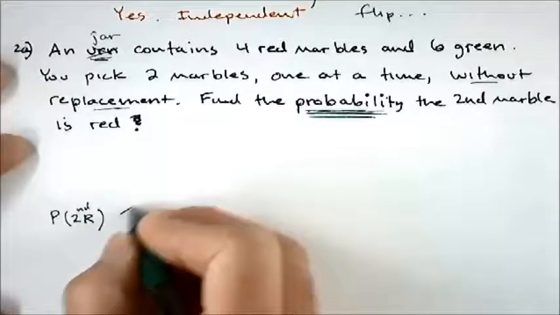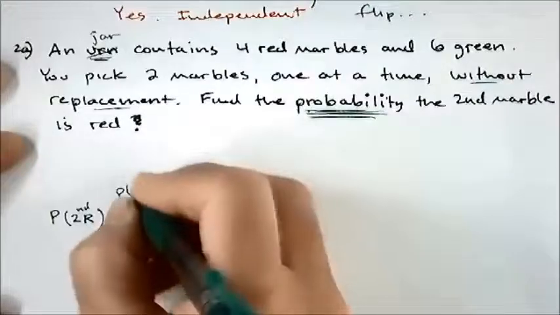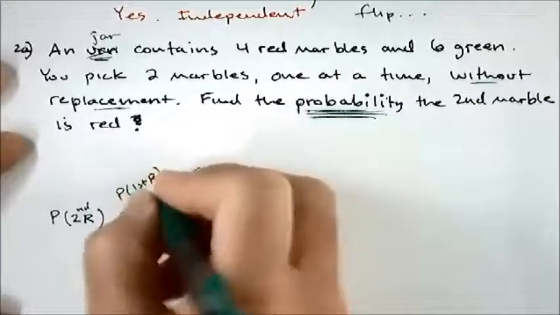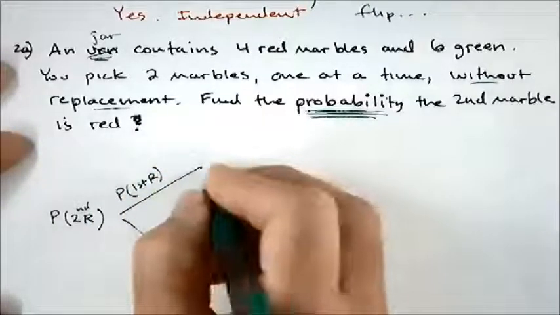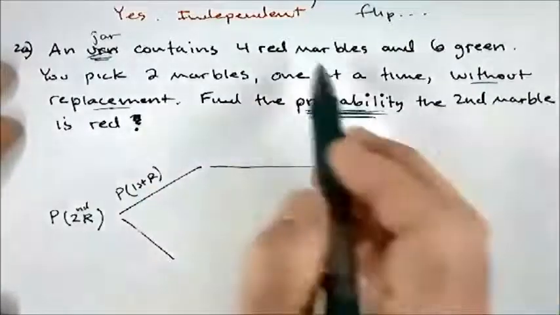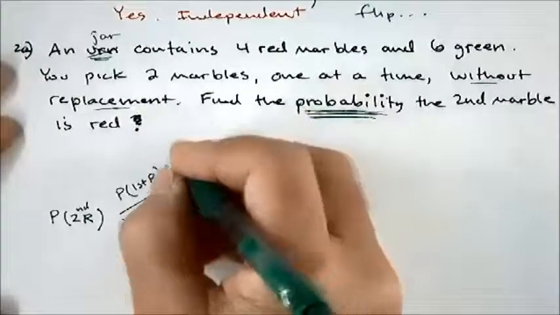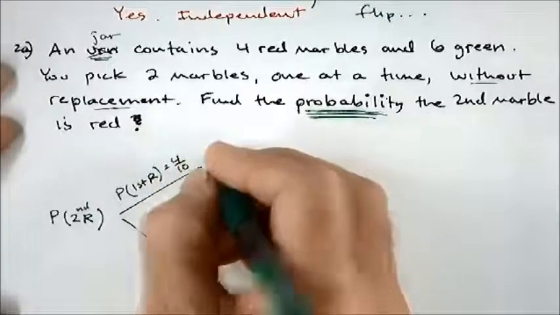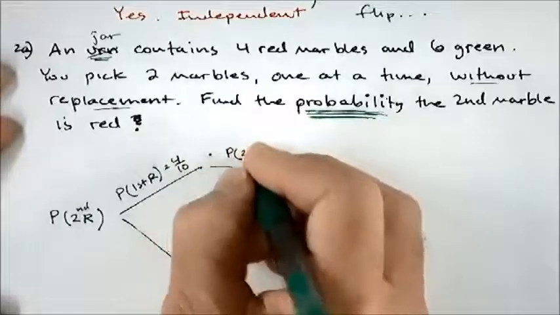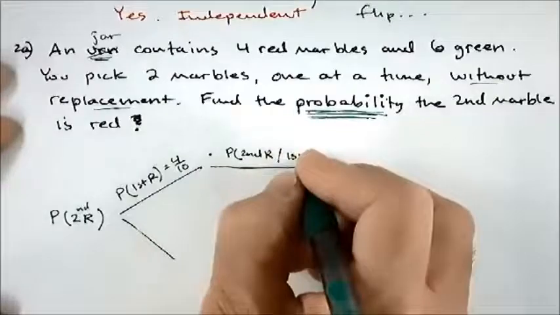The second marble was red depends on whether my first was red. And what would that probability be? Well, there were 4 red marbles out of 10 in the jar. So that would be 4 out of 10. And then the probability that my second is red, given that my first was red.